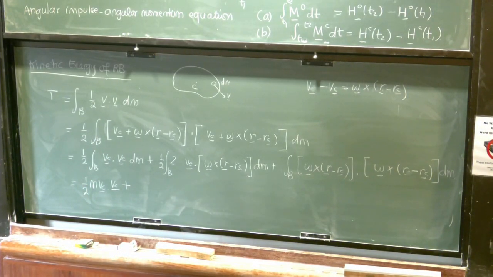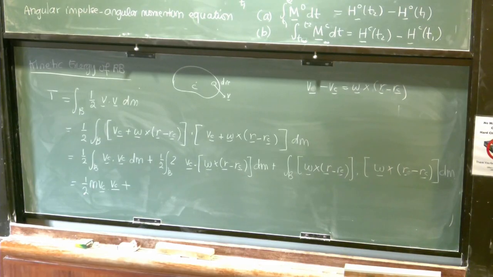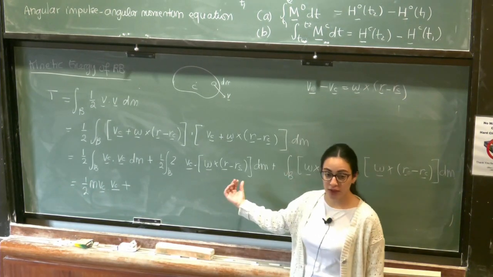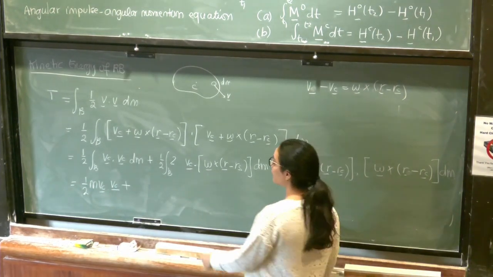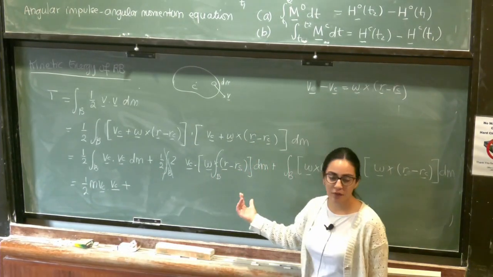What is it going to be equal to? Zero. Why? Not quite, but remember, Vc and omega do not depend on dm. So I can take these two terms outside the integral. And what's the integral of r minus rc dm?